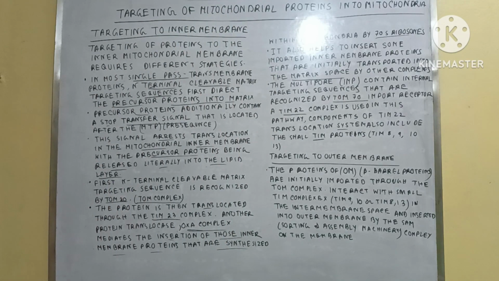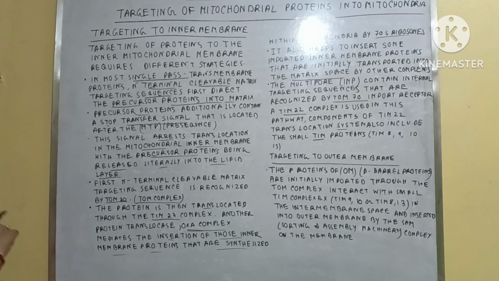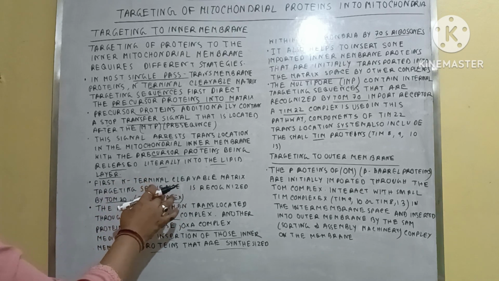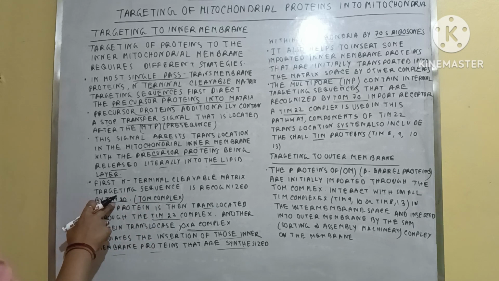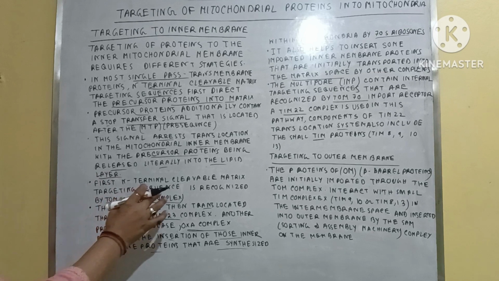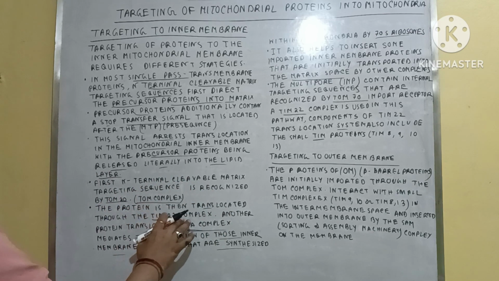So what is being said here is that the protein sequences are recognized by the TOM complex, that is TOM20, and the protein is then translocated through the TIM23 complex.